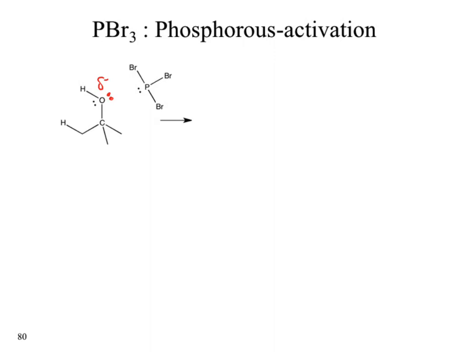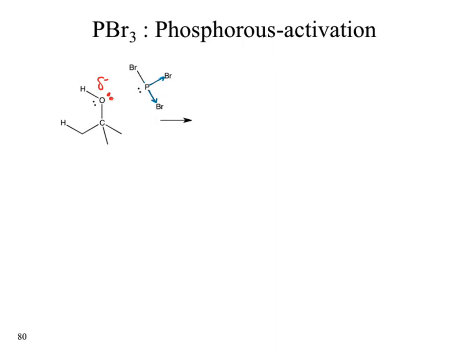Why might we be hesitant to say the phosphorus is an electrophile? It has the lone pairs. I intentionally drew those on there because they are there. Okay? Why will the phosphorus still act as an electrophile? It's connected to 3 electronegative atoms. Those 3 electronegative bromines are all pulling electron density away from that phosphorus.